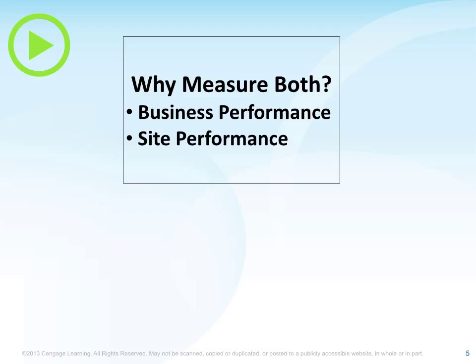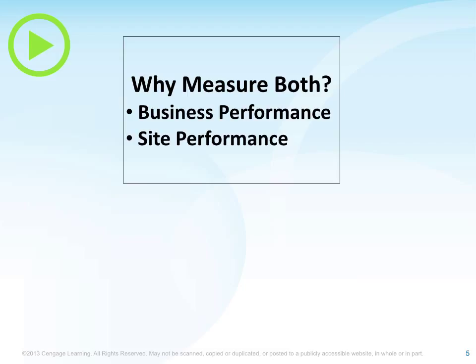So for a site, it might be new customers, clicks, initial clicks, click-throughs, clicks through to individual or respective pages. Again, new customers, repeat viewers, and then ultimately you get into some of the business performance of how many conversions, how many sales did you actually make.